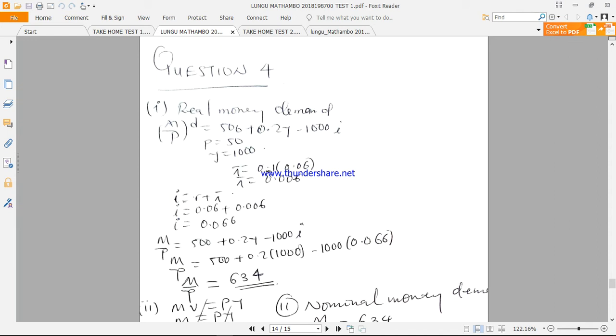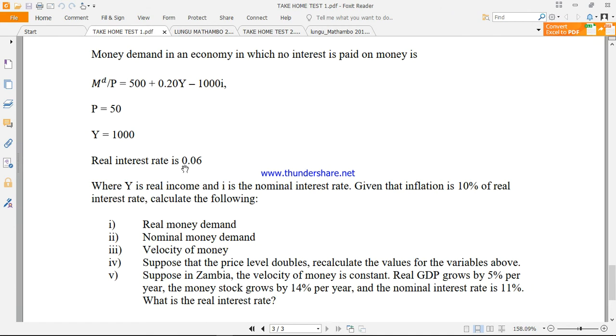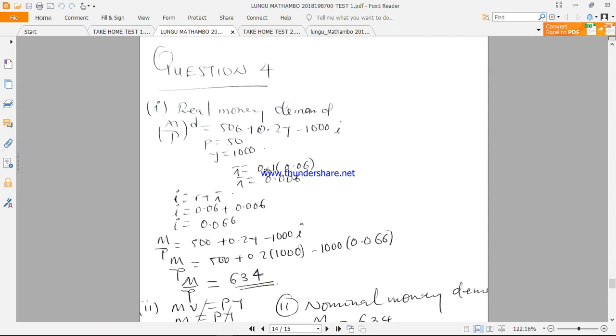So 10% is just 0.1, so 0.1 of 0.06. In case someone is wondering where I'm getting the 0.06, the real interest rate is 0.06, and they're saying that inflation is 10% of the real interest rate, which means it's 0.1 of 0.06. So if you open the brackets there, you're going to get 0.006 as the rate of inflation.